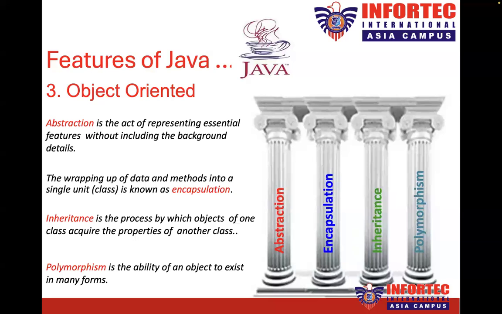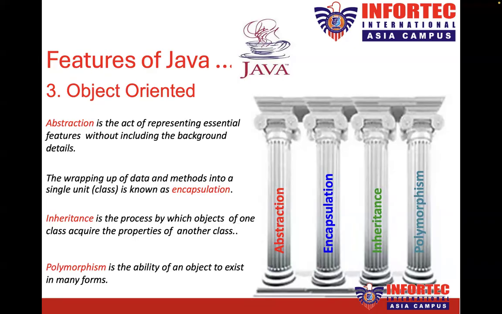So why do we select Java as an object-oriented programming language? Because in Java we can see these object-oriented features. So what are the object-oriented features we have in Java? We have abstraction, encapsulation, inheritance, and polymorphism.